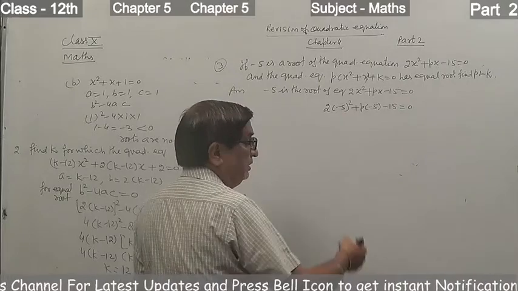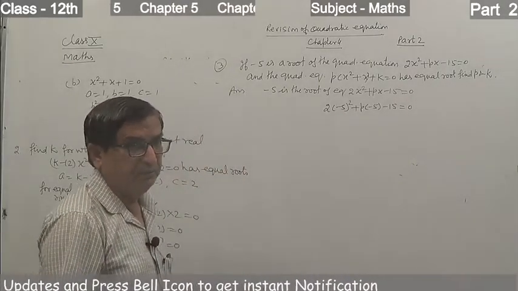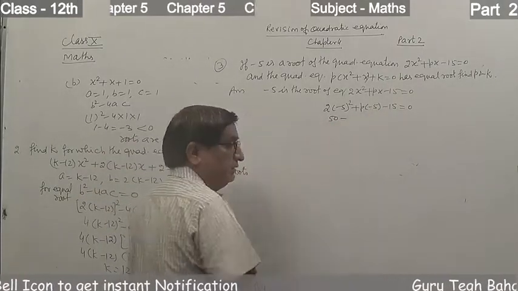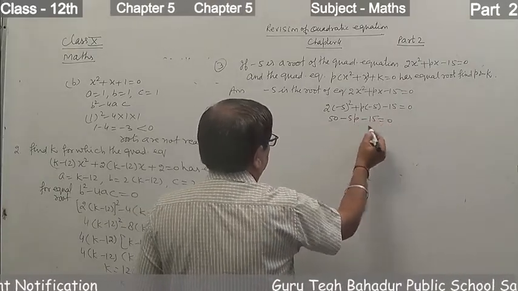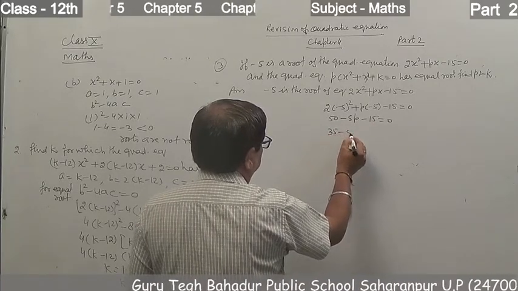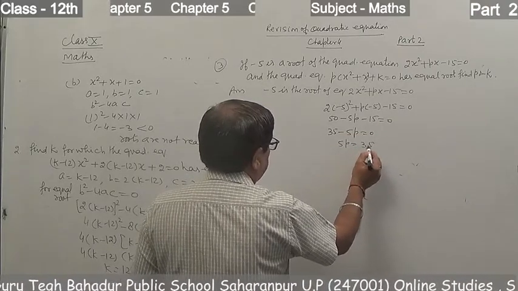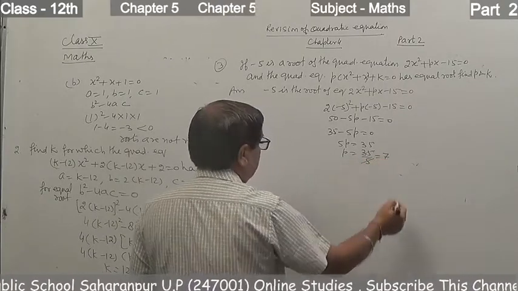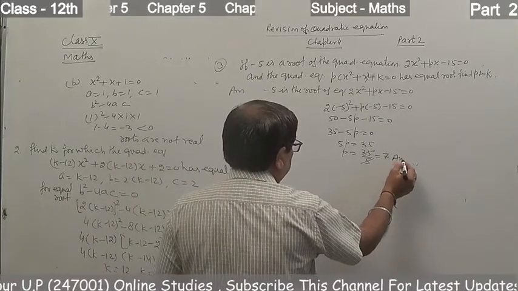Minus 5 square is 25, 25 into 2, that is 50. P into minus 5, that is minus 5p minus 15. 50 minus 15 is 35. 5p is equal to 35 and p is equal to 35 upon 5, that is 7. So value of p is 7. First answer is this one.